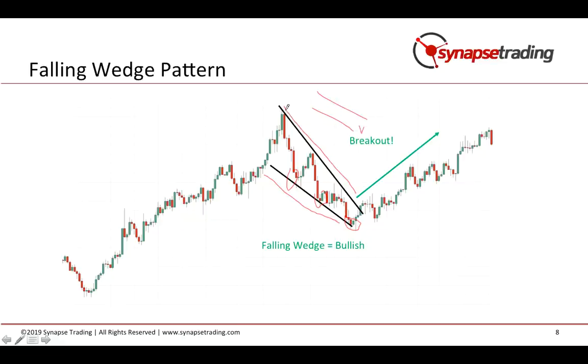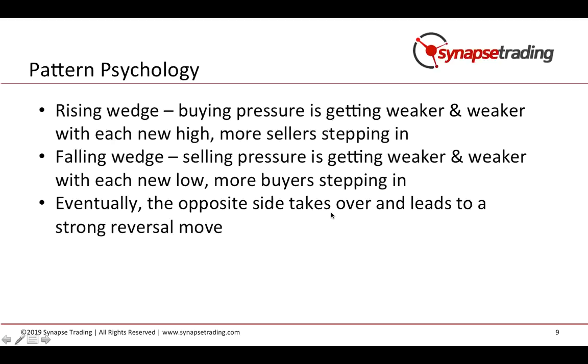But you can see that the top line is sloping more, which is more bearish, and the bottom line is sloping less, which tells you that there are more buyers stepping in at the bottom. That's why the gradient is much less over here. So eventually the opposite side takes over and leads to a strong reversal move. So that's why the rising wedge is bearish.